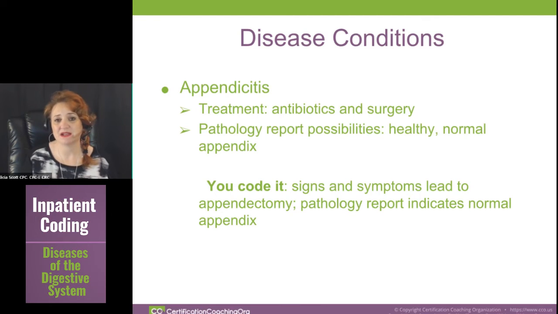Treatment is antibiotics and surgery. Again, no other choice. You've got to have surgery. They will do a pathology report on the appendix itself when they remove it and send it off. And the appendix can rupture.